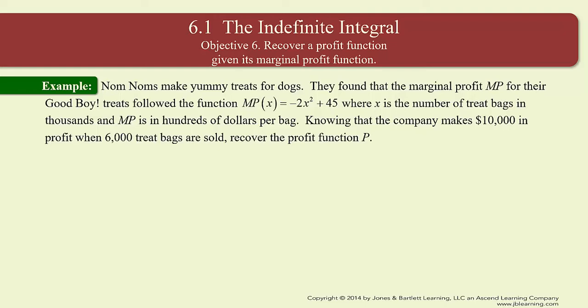The $10,000 profit, since marginal profit is in hundreds of dollars per bag, would end up being 100, because 100 hundreds is 10,000. But let's head off to the board to do this one, and you'll hopefully see what I'm talking about.